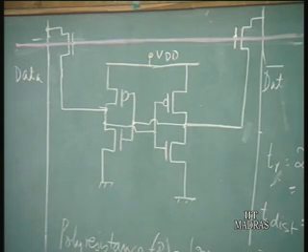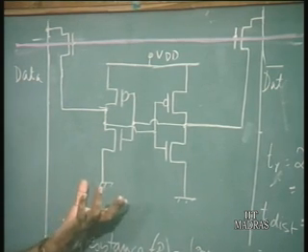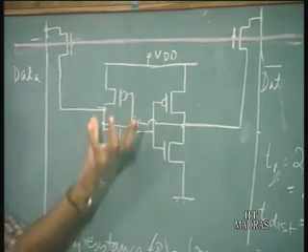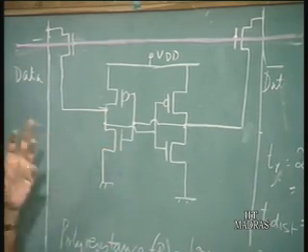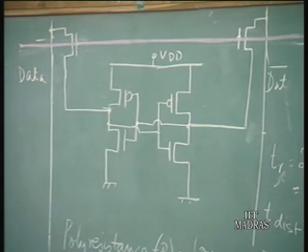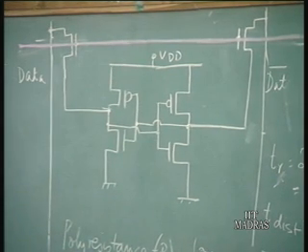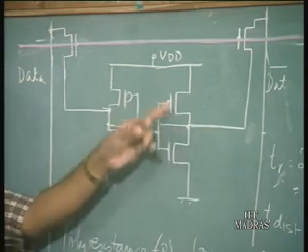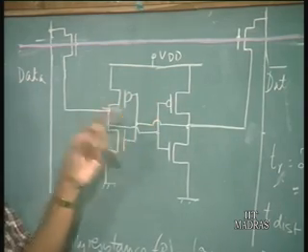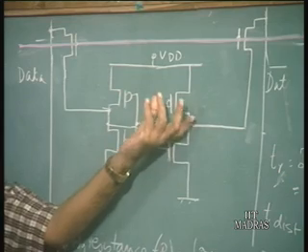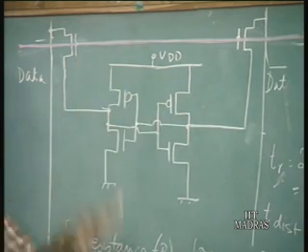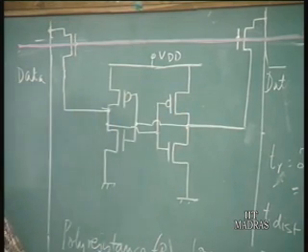Now, if you have, for example, a 256K memory, we have 256K such cells, and this memory array takes up the major chunk of the area of the total memory. So, these transistors in the memory cell must be small size transistors, because if we make them big, the area of the cell becomes very large.